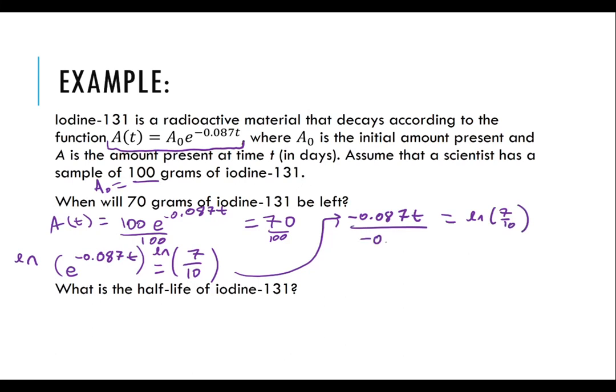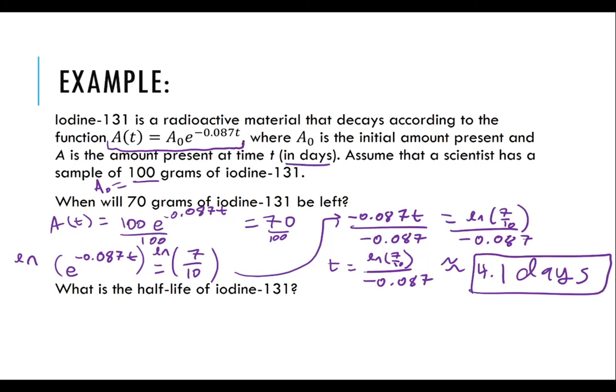Divide by negative 0.087, and I get that t is equal to the natural log of 7/10 divided by negative 0.087, or about 4.1, and our units were days.